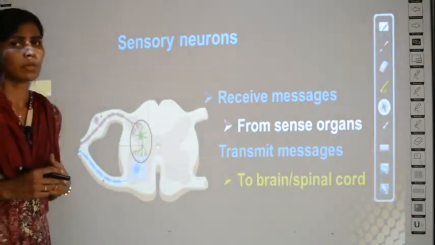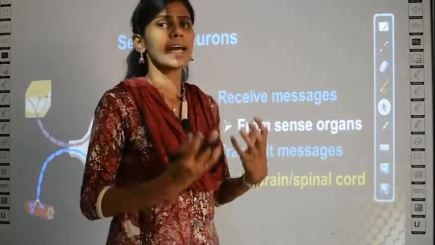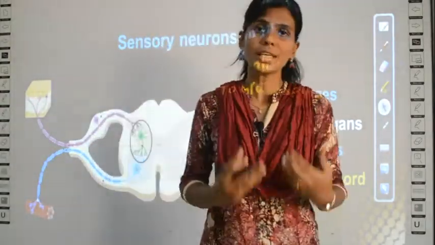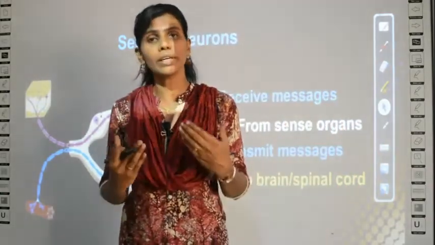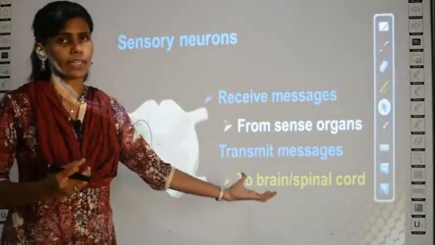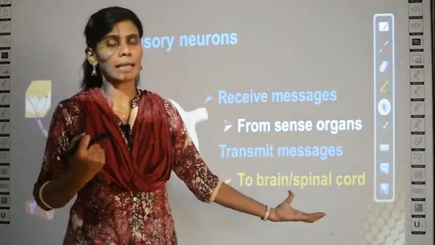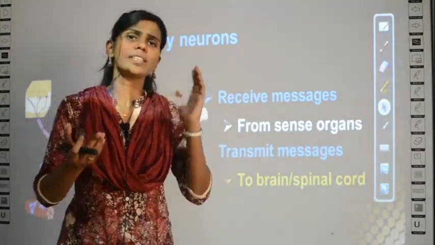So, what have we studied about sensory neurons? Among the three types of neurons, sensory neurons carry messages from any sense organs, let it be your skin or nose or muscles, wherever it is, to the brain or the spinal cord in the form of electrical impulses or messages. The information is passed. So, what information?